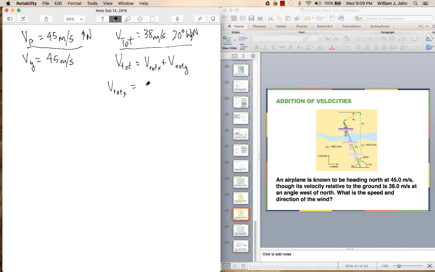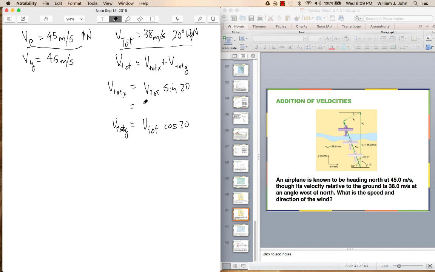So it's going to be V total times the sine of 20 degrees, and V total y is going to be this part, and so that's the side adjacent to the angle, so it's going to be V total times the cosine of 20 degrees.